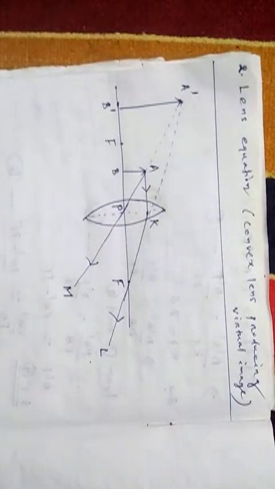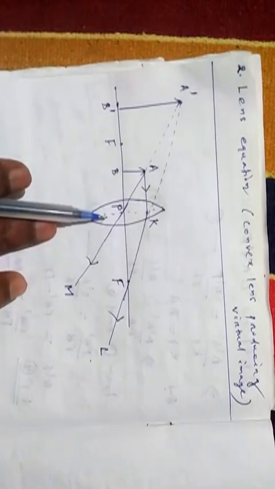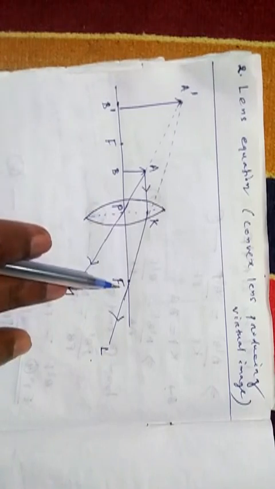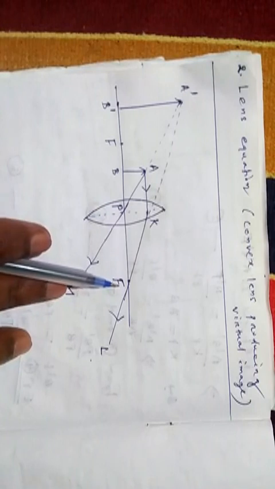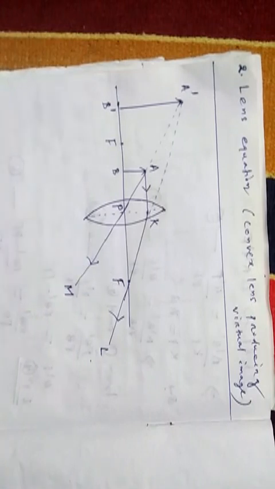Let P be the optical center and PF be the focal length of the convex lens of focal length small f. PF is equal to small f.